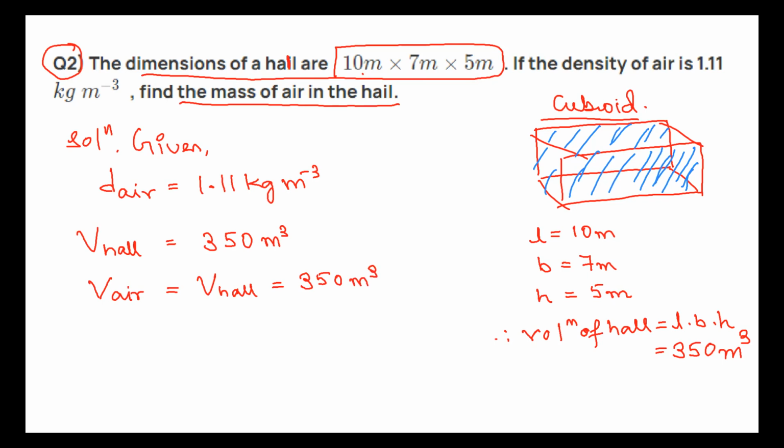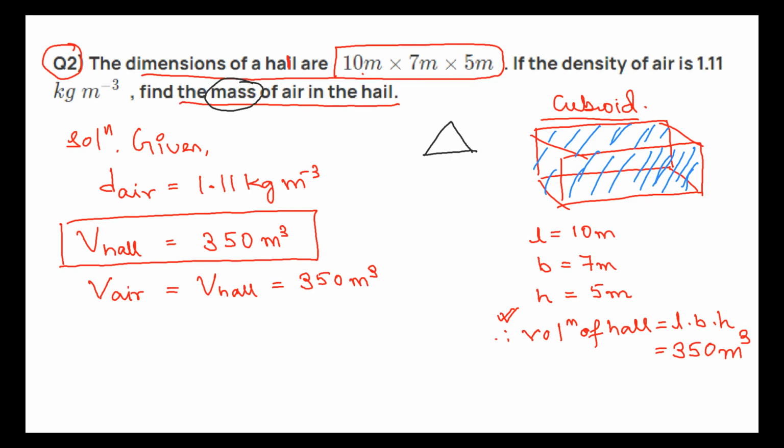This is the volume of the hall, but we are not interested in the volume of the hall. What we want is the volume of air. But since the volume of air will be same as the volume of hall, that's why we calculated the volume of hall initially. Now, you have to calculate mass. If you have forgot the formula, just draw this triangle.